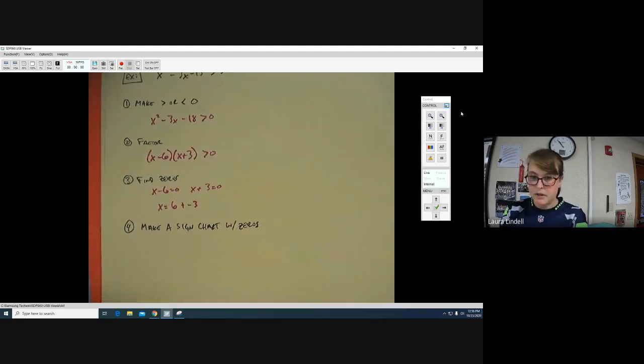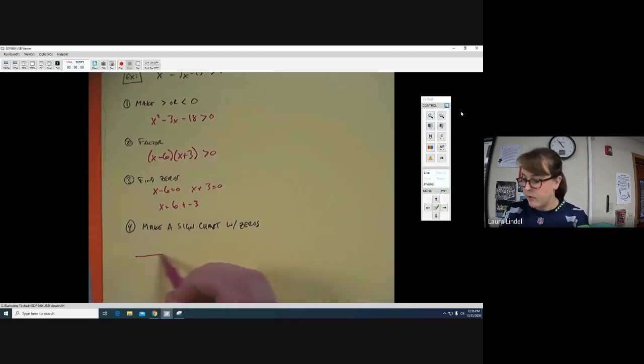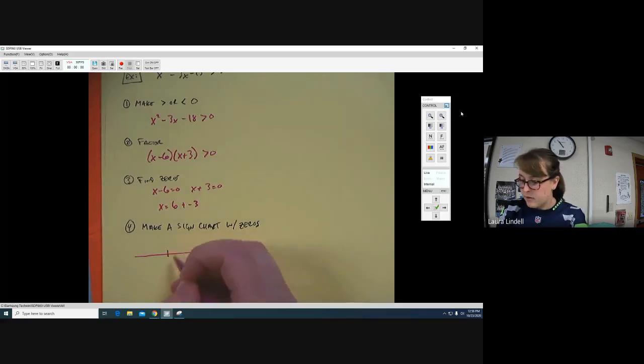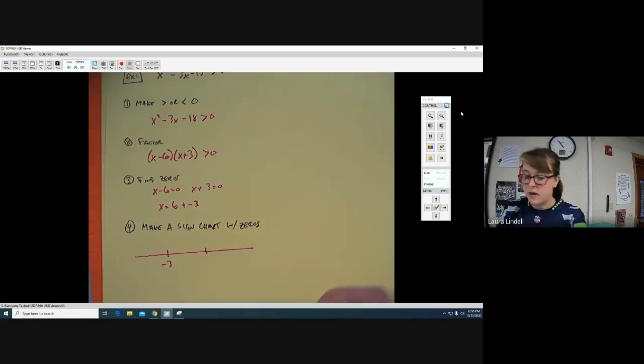Here's what a sign chart looks like. It's kind of like a number line. The smallest zero is over on the left, and then you write down the rest of your zeros along here in order of increasing values.